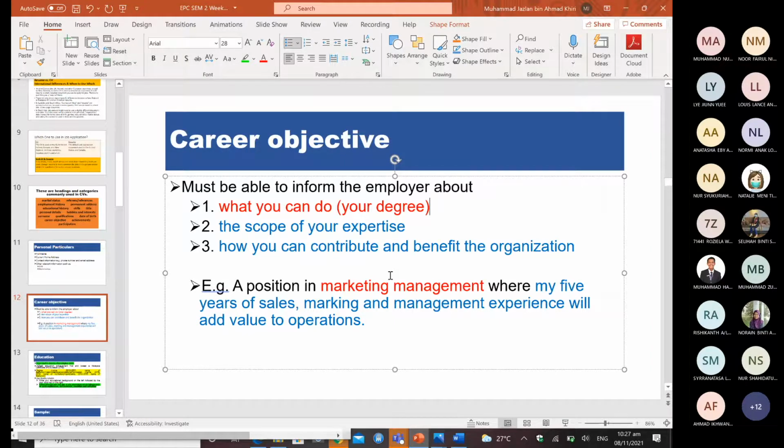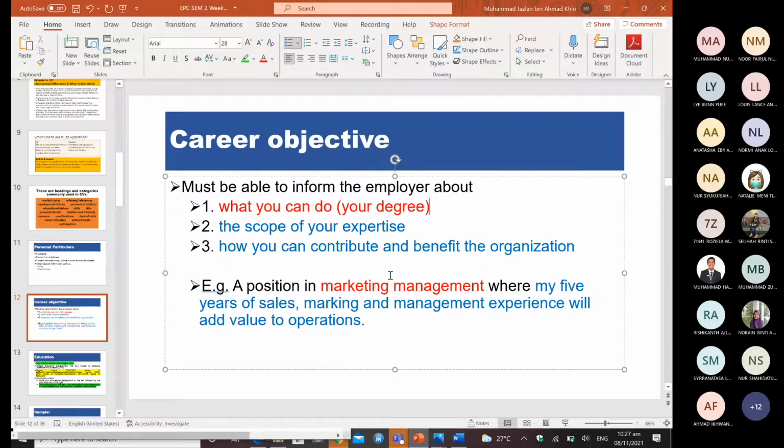Okay. Sorry for the slight detour. As I was saying, you start by first writing that you have a degree in whatever field it is, and then the scope of your expertise. The scope of expertise means the skills that you possess. And lastly is how you can contribute and benefit the organization, which depends on how you use those skills.